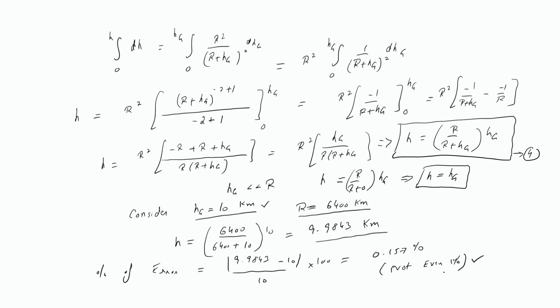Now, when does this start giving a significant error? This question must come to your mind. If not 10 kilometers, then at what altitude does this error become significant? So let us see at 65 kilometers. This is where aerodynamic heating of the re-entry vehicles happens.